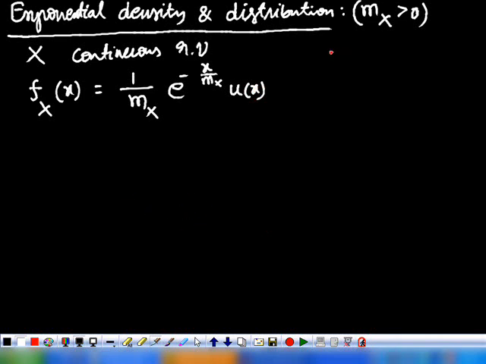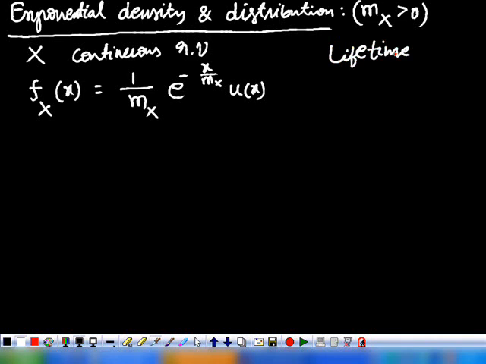Especially this particular density function is encountered in, for example, if you want to characterize the lifetime of a machine. Let a random variable be defined in such a way that it takes the values of the lifetime of a machine. So what will be the value taken by the random variable?